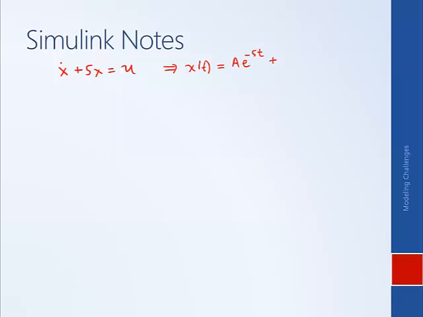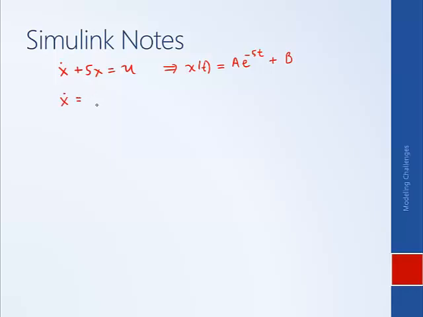We would also expect a particular solution, which would have a similar form to the forcing function u. If we assume that we have a constant input or a step input, then our particular solution would also have the form of a constant or a step. So if we were to simulate this differential equation, we would expect the response to look something like this.